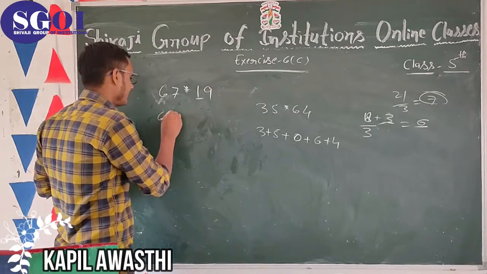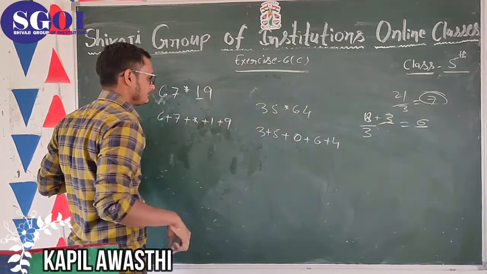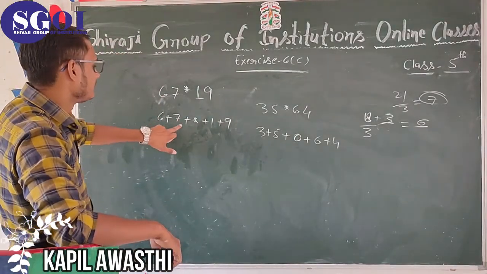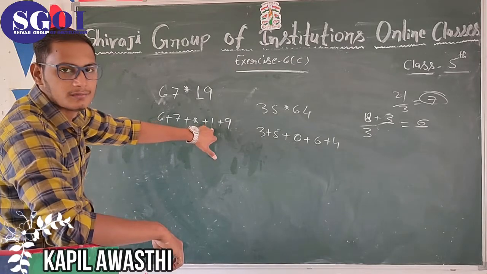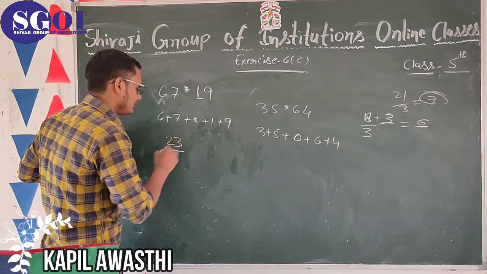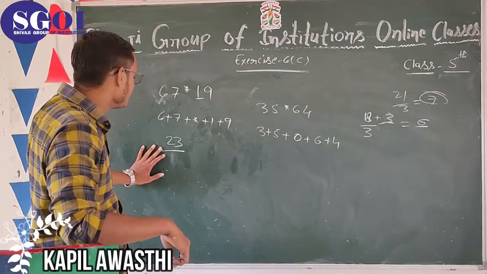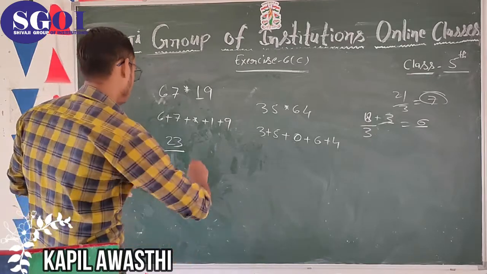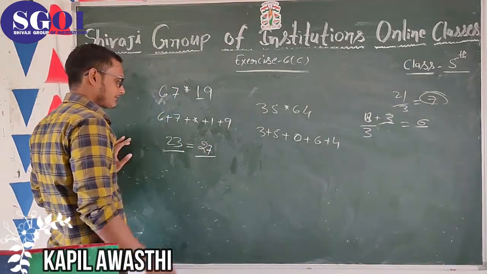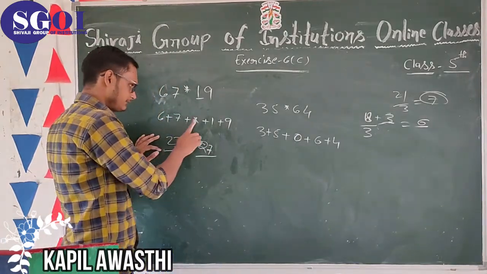So 6 plus 7 plus star plus 1 plus 9. 7 plus 6 is 13, 13 plus 1 is 14, 14 plus 9 is 23. 23 is not divisible by 9. So the nearest number which is divisible by 9 is 27. Which number do we add to get from 23 to 27?